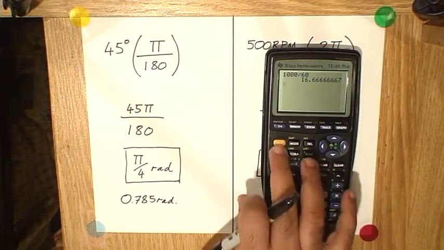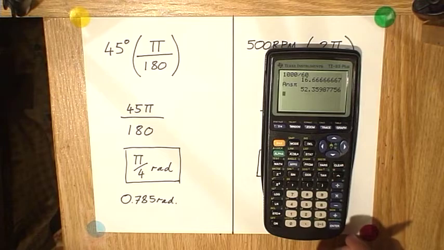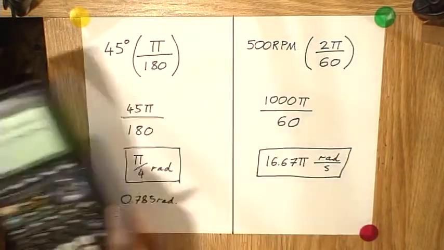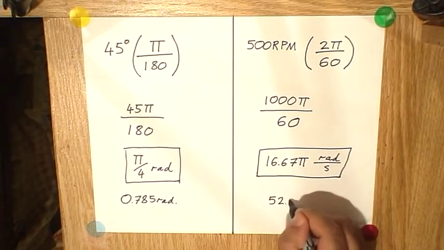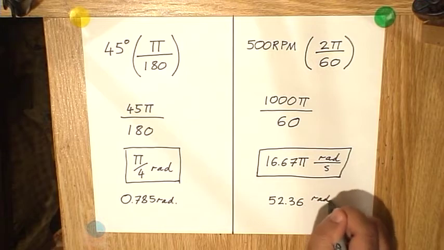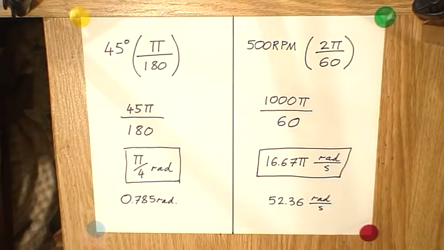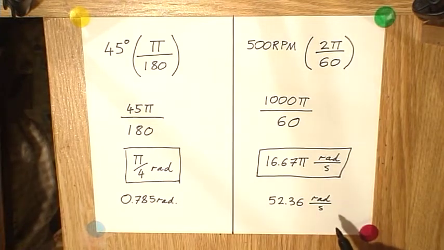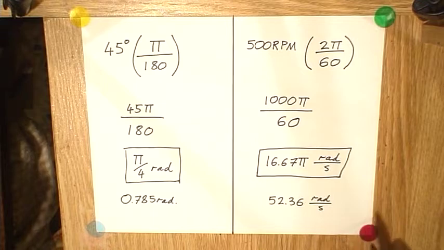So take that answer and multiply it by pi to get 52.36. So this tells us the number of radians per second, or you can express this in terms of pi. Either way will do just fine.